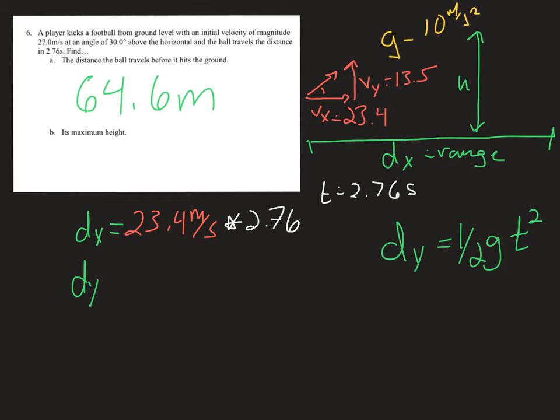So distance in the y is going to be equal to 5, because I take my 1/2 times 10, which gives me 5. Then all I have to do is square 2.76. If I square that, you will end up with 38.1 as my answer.